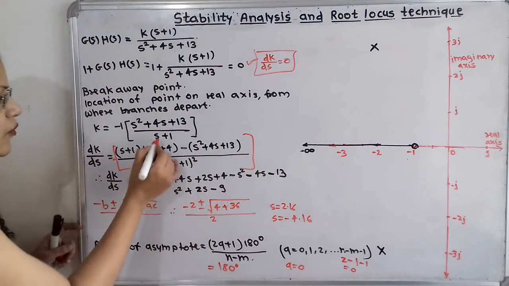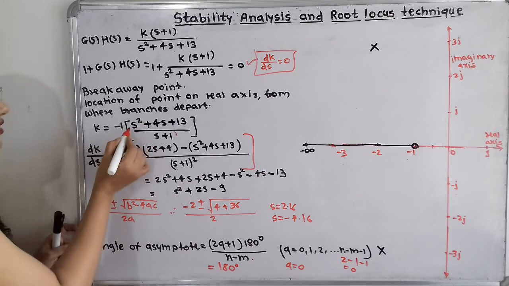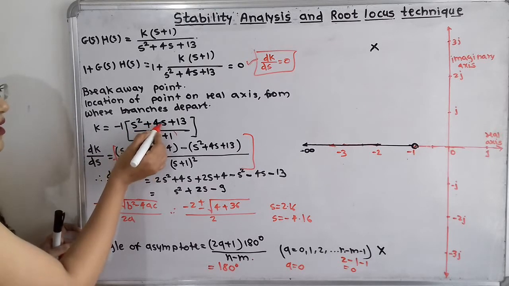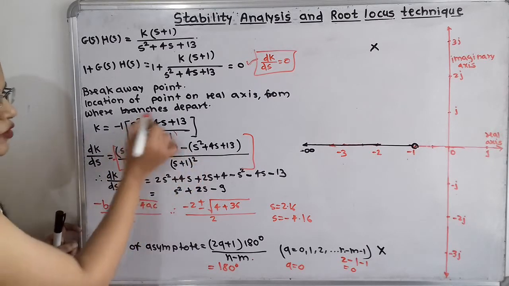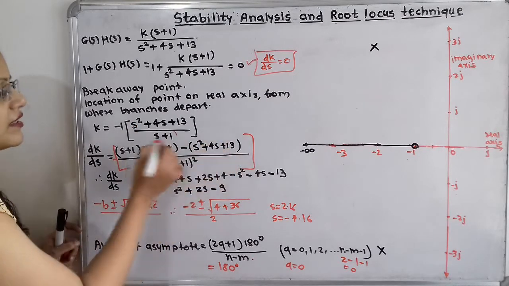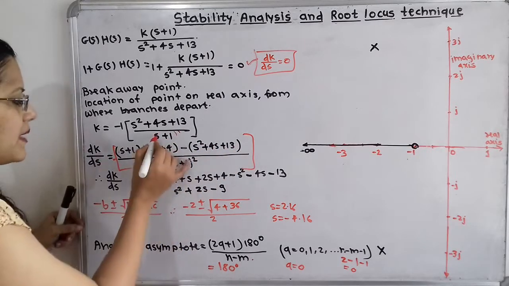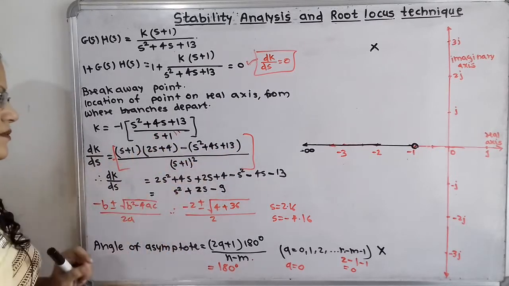So here, denominator (s plus 1) constant, differentiate the numerator, that is 2s plus 4, minus numerator (s square plus 4s plus 13) constant, and the differentiation of s plus 1 is 1, divided by (s plus 1) whole square.